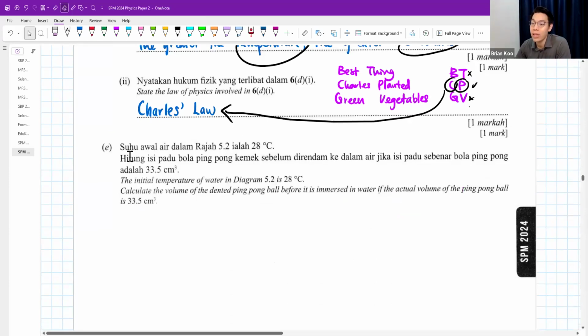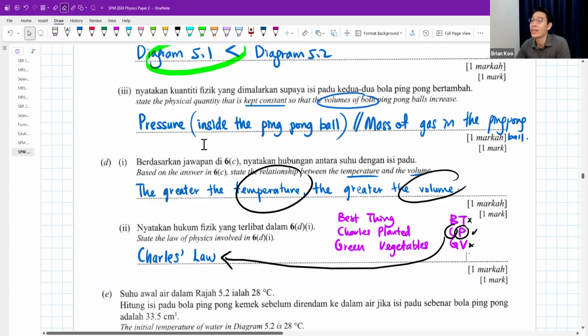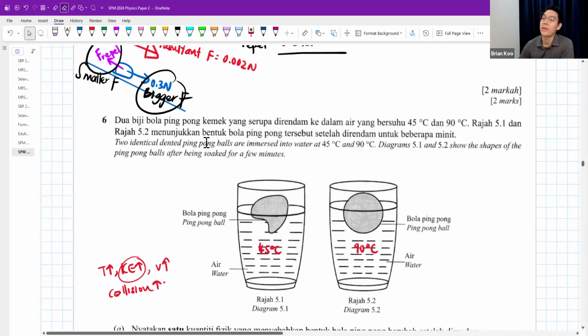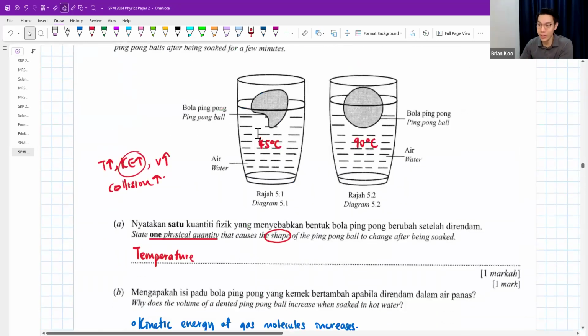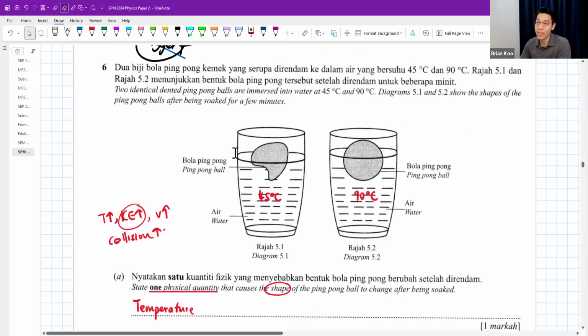The initial temperature of water in diagram 5.2 is 28 degrees Celsius. Okay, diagram 5.2, calculate the volume of the dented ping pong ball before it is immersed in the water if the actual volume of the ping pong ball is 33.5 cm cube. So this can be pretty confusing because you have the 45 degrees Celsius, you have the 90 degrees Celsius.